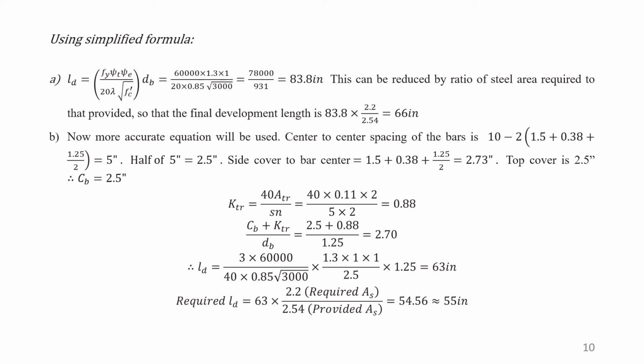And for psi E, we have not used painted bars here. That's why that factor is 1. And as the concrete is made with brick aggregate, as mentioned here somewhere, the lambda is 0.85, and F prime C is 3000 as given.